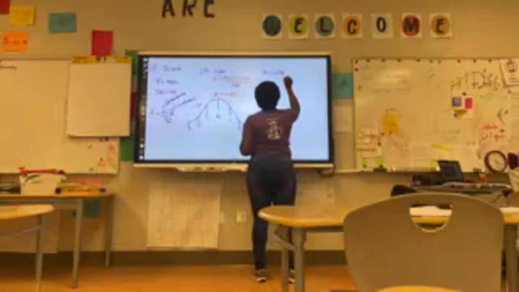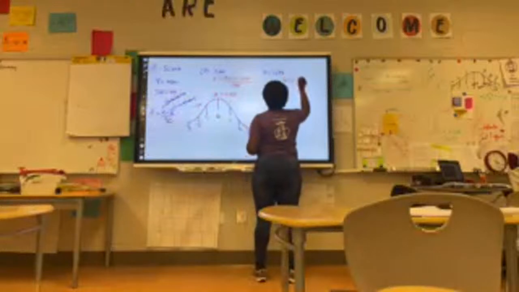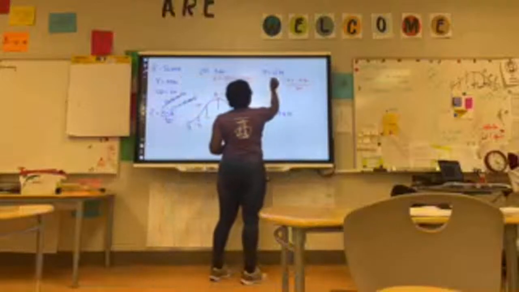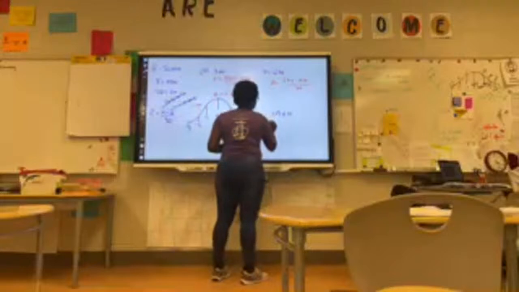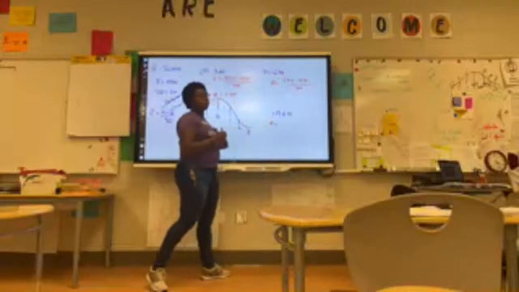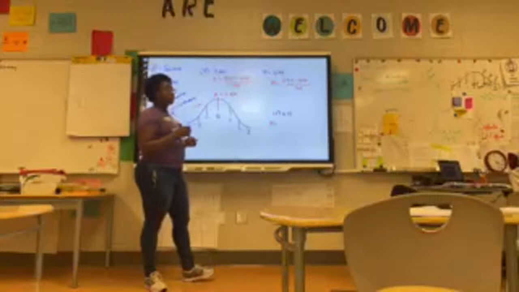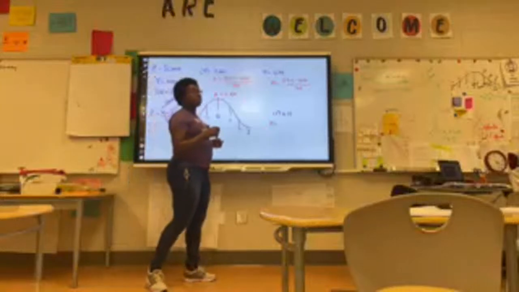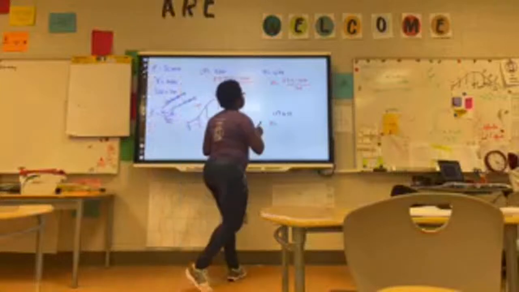So it's going to be the data value, 474, minus the mean, divided by the standard deviation. So it's 474 minus 450 divided by 70, I got like 0.34. So it'll be a small number.